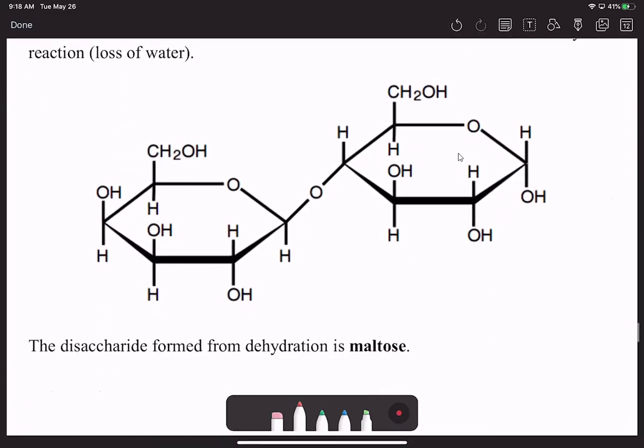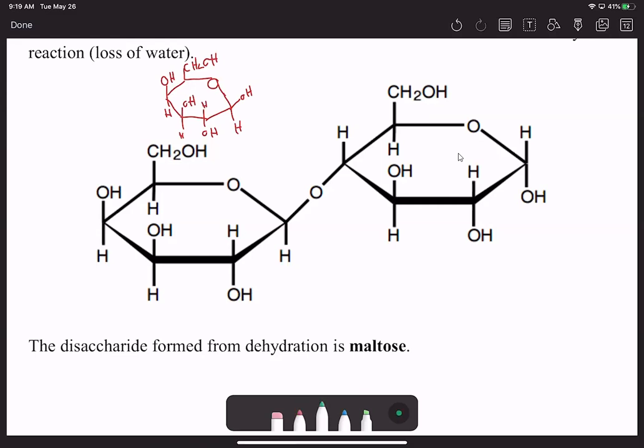Now let's take a look at it differently. Here, I'm going to redraw the one on the left, and I'm going to draw it like this.